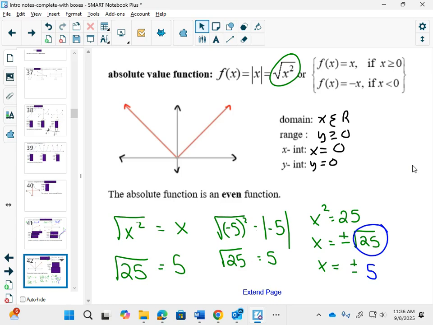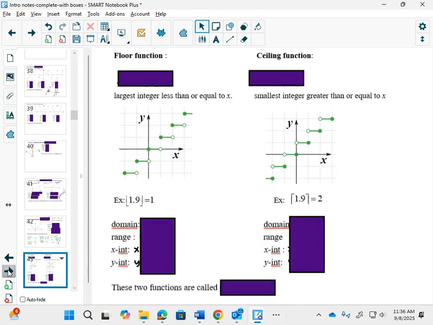Now some new ones. The floor function. The floor function is the largest integer less than or equal to x. It's got some weird notation where it looks like absolute value bars, but draws like a floor underneath.